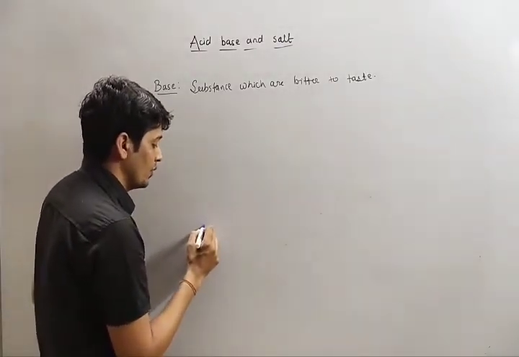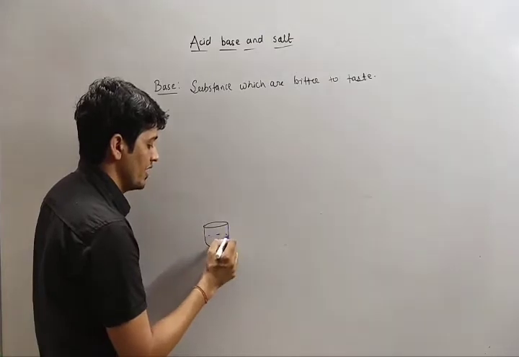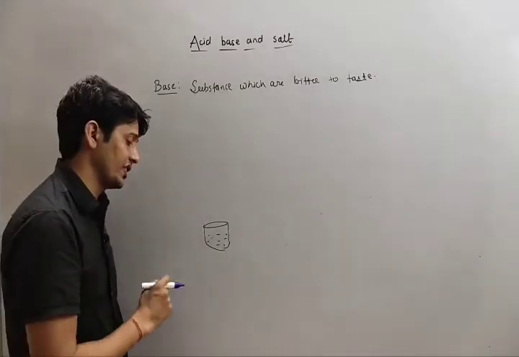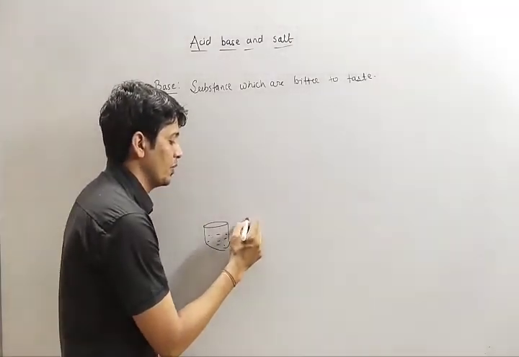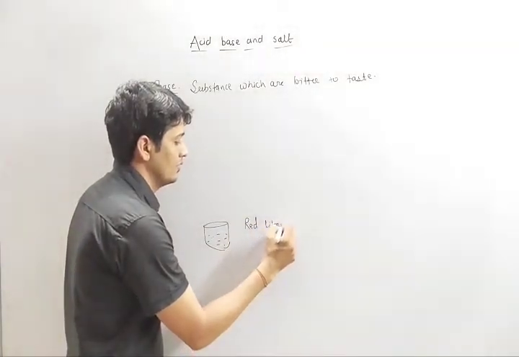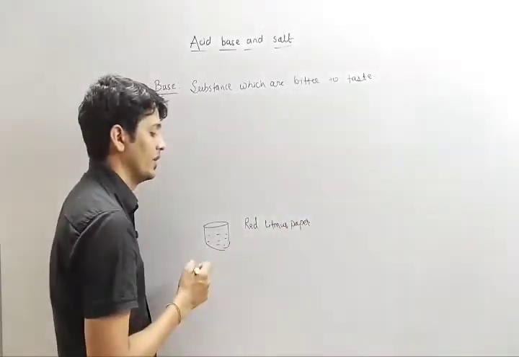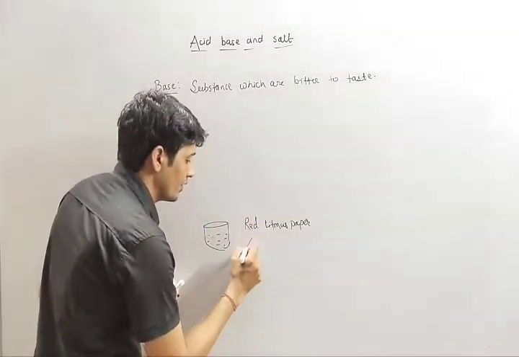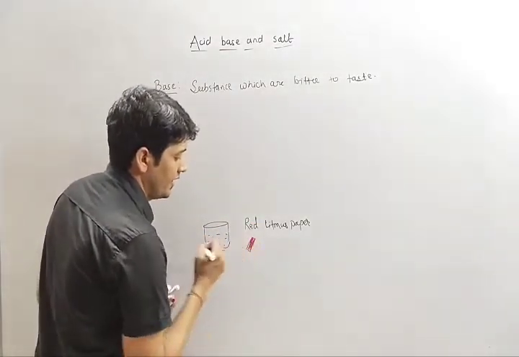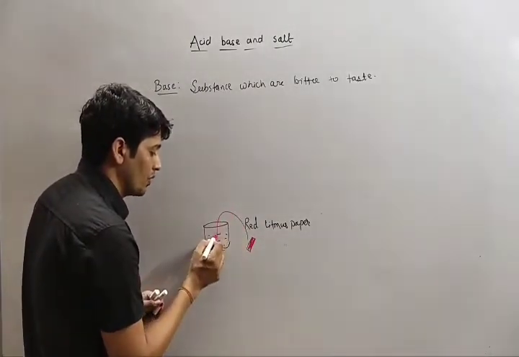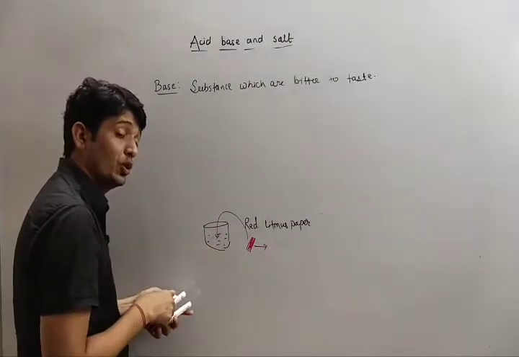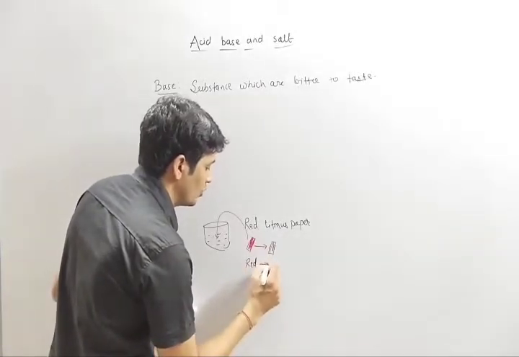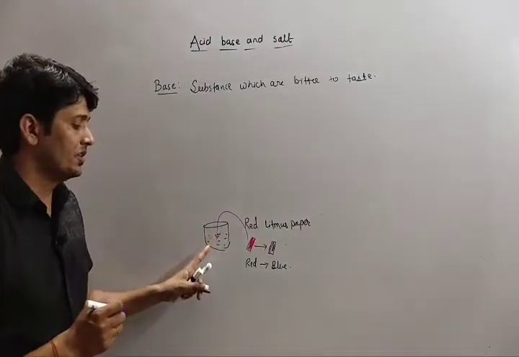Suppose we have one more container which has a base, the aqueous solution of any kind of base like sodium hydroxide, potassium hydroxide, etc. If we dip red litmus paper over here, its color changes to blue.